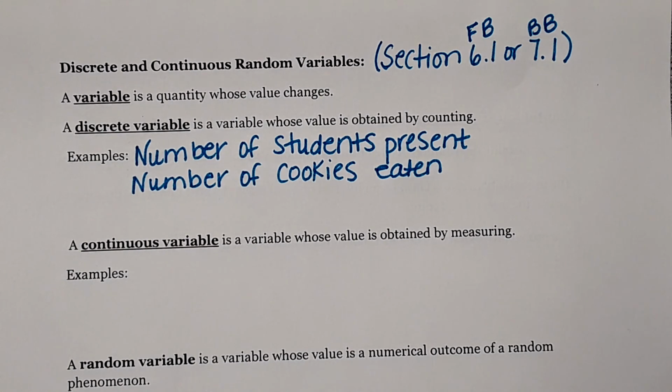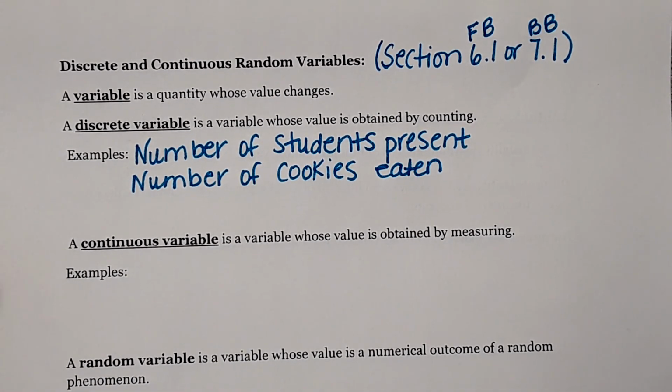What's something else that you count? Miles, because miles we're actually going to measure. So that's a measurement, yes. I was thinking the same thing too, but it's a measurement because we can say 0.25 miles, whereas with cookies, you're going to eat a whole cookie.